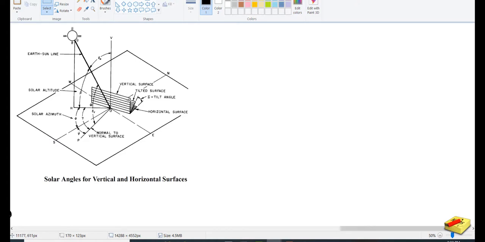You also have the vertical surface, the tilted surface, and the horizontal surface. Then you have the sun, which is emitting the heat, so you have the sunlight from here, OQ. Then you have the other theta values, and the theta here is the azimuth.